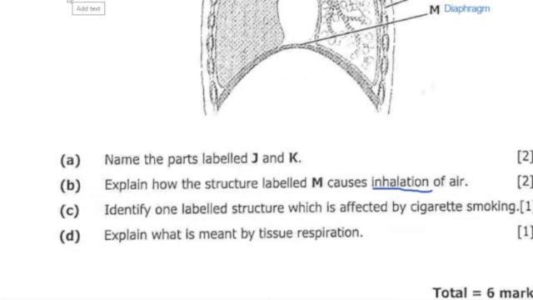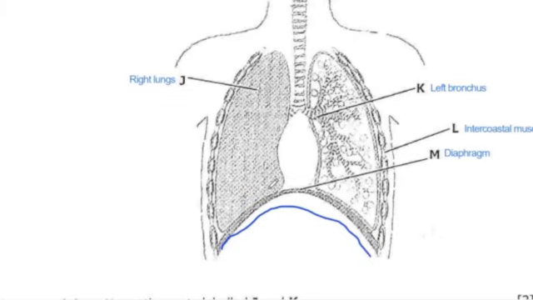So what happens to the diaphragm when air is going inside? When you breathe in, this diaphragm, we can see this is the diaphragm, the one going like that. When you are breathing in, this means it has to create space. As you can see, when it goes up, it is like compressing the lungs.